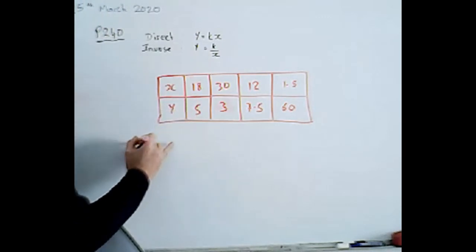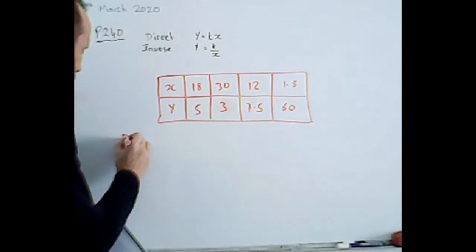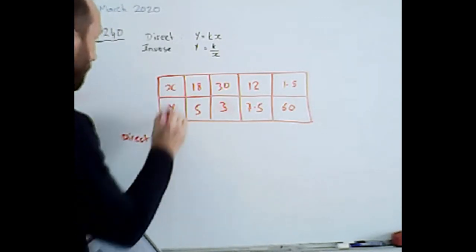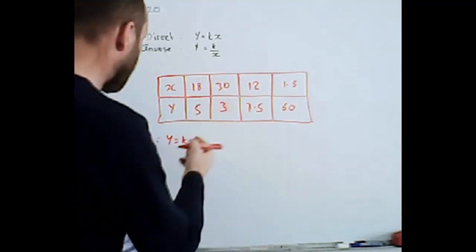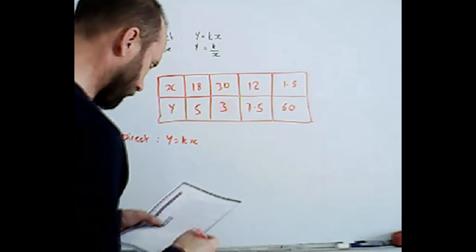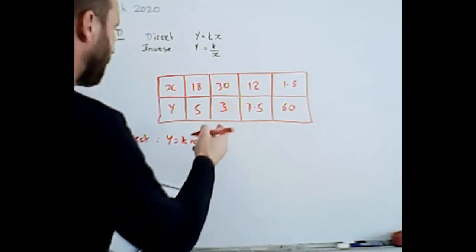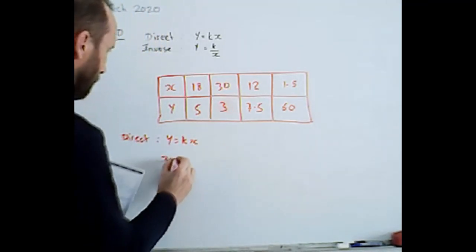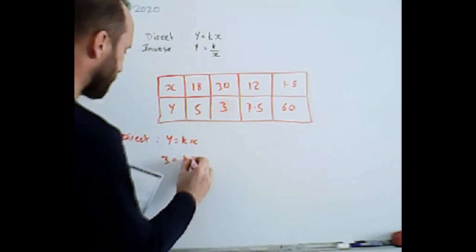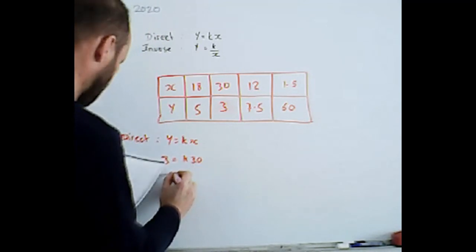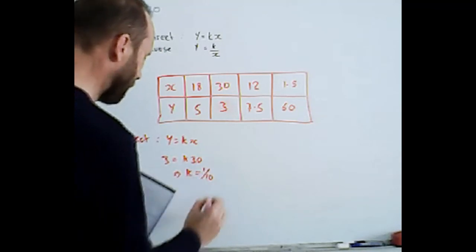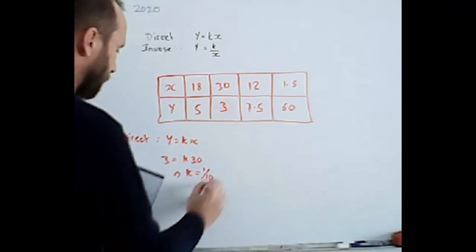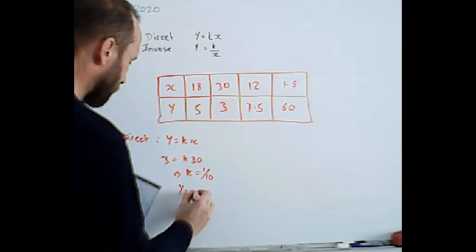If it's directly proportional, again, same thing, y equals kx. Work one of them out. Which ones did I do here? I've got the numbers down in front of me. 3 equals k times 30. So therefore, k would equal 1/10. So the formula would be y equals 0.1 of x.